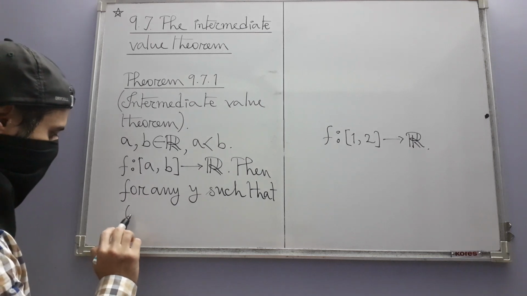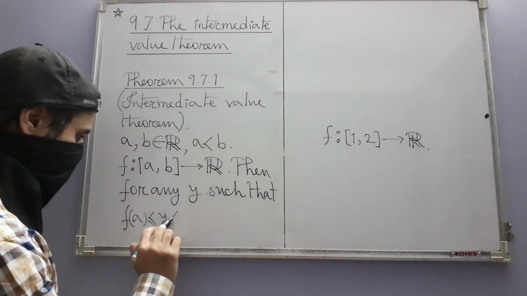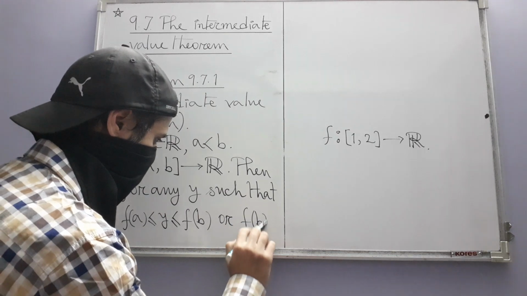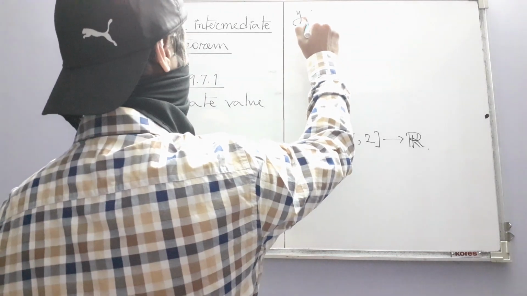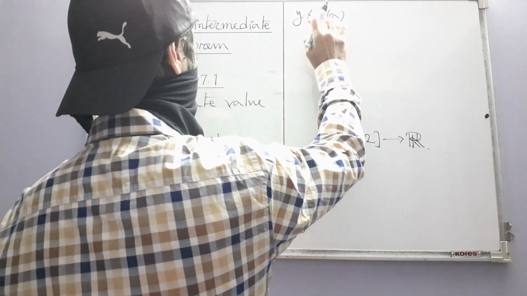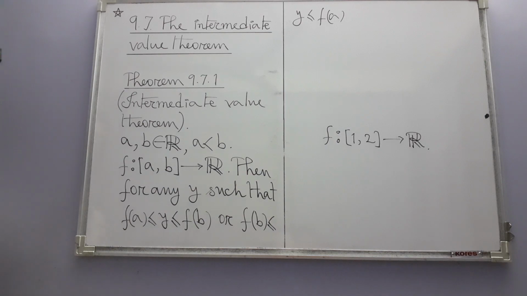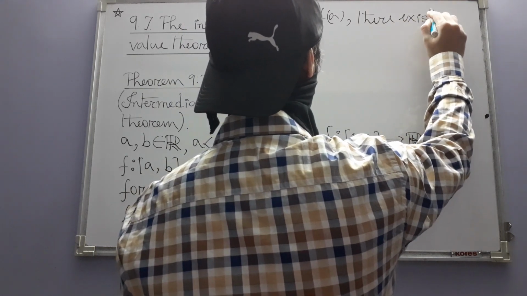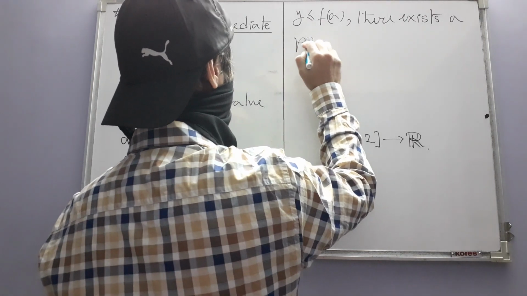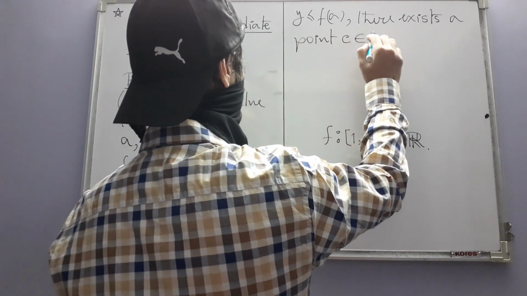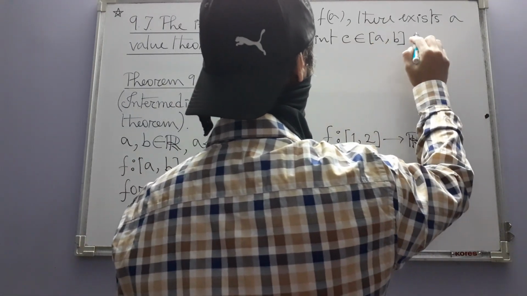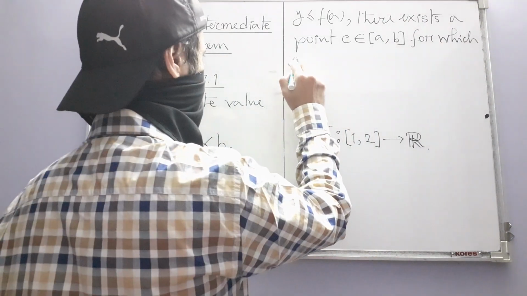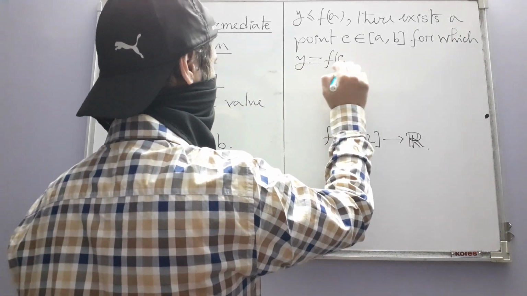Such that this or this. For any such y, there exists a point c in the domain of f for which y is equal to the f image of c.